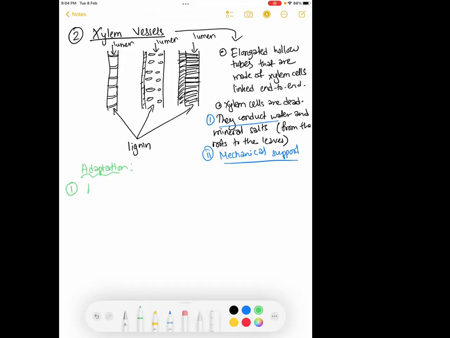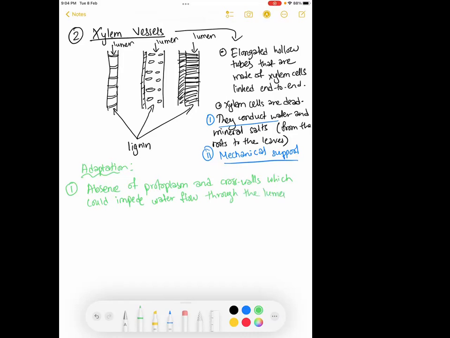The main thing is, there is an absence of protoplasm and cross walls, which could impede water flow through the lumen.